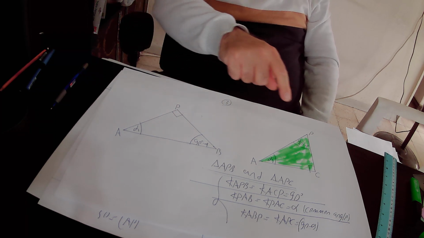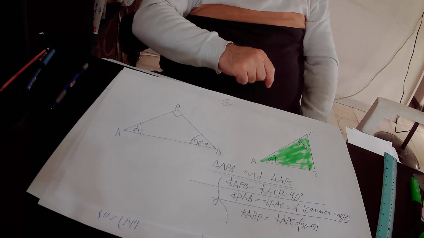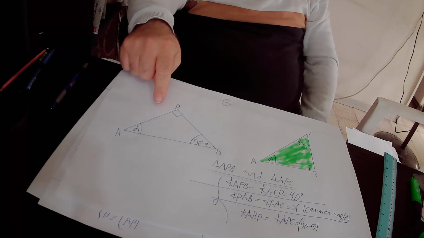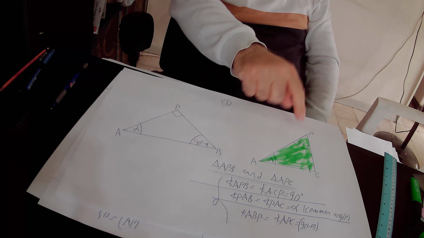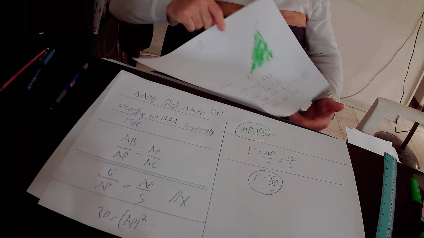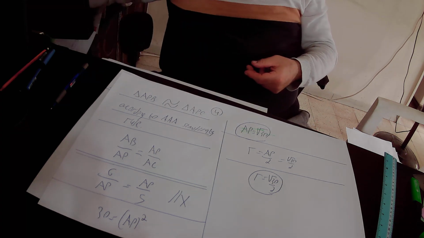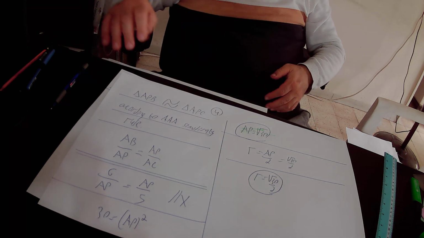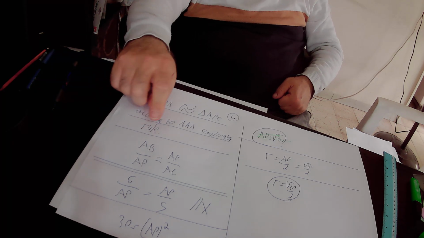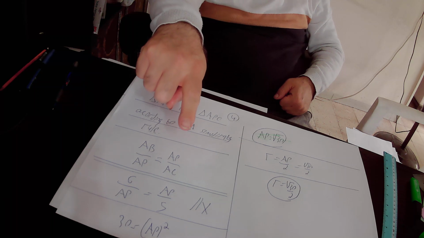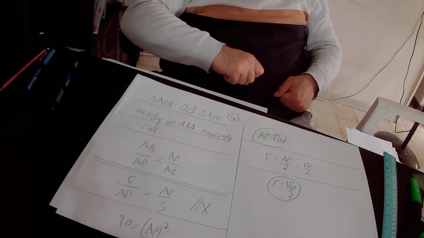Side AB in the white triangle over side AP in the green triangle equals side AP in the white triangle over side AC in the green triangle.